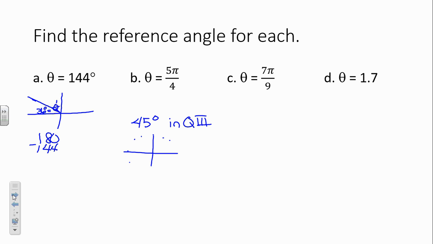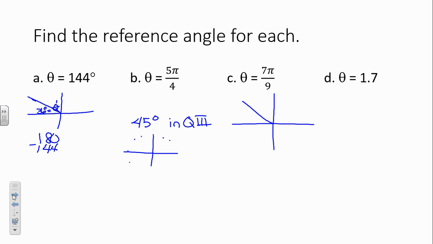7 pi over 9, do we recognize that one? No. Not over 3, not over 6, not over 4, right? Those are our special angles we need to know. The 7 pi over 9 is not. So think about 7 pi over 9. It looks close to 9 pi over 9, right? But not quite there. 9 pi over 9 would be 1 pi, less than 180. So it's going to be somewhere over here, right?